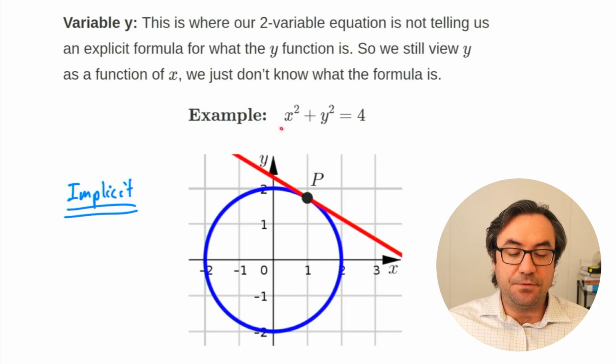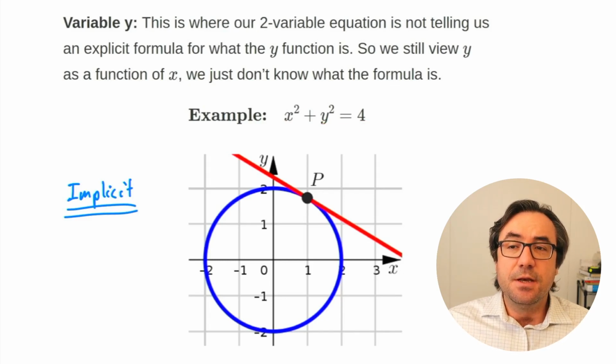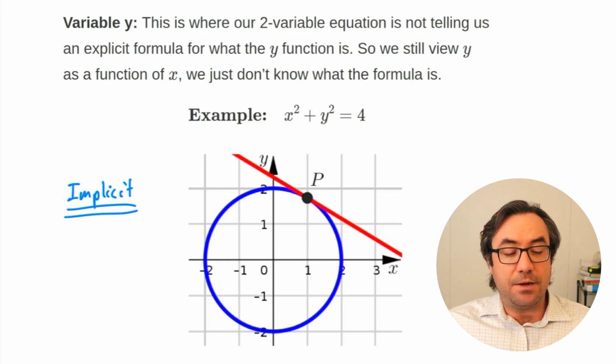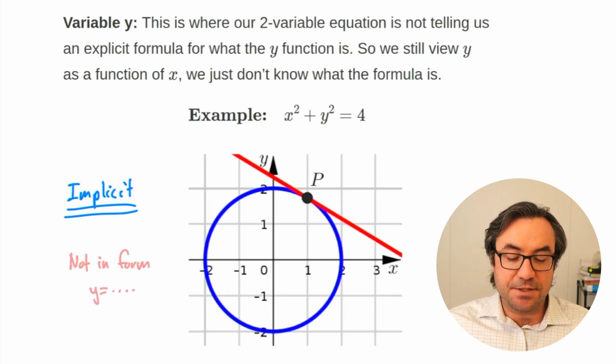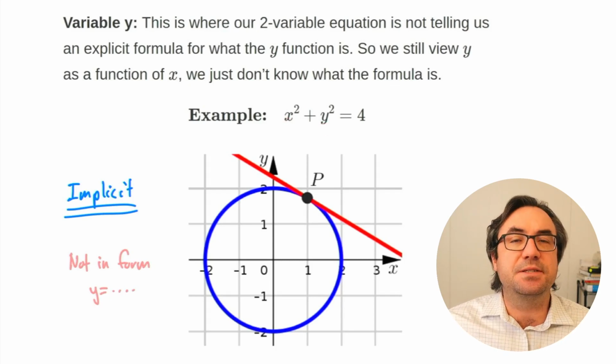We can still view this equation as defining y as a function of x, but when we read this equation, it's not in that form y equal to. The x's and y's are kind of mixed together.